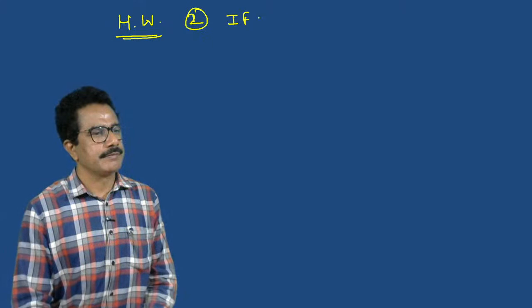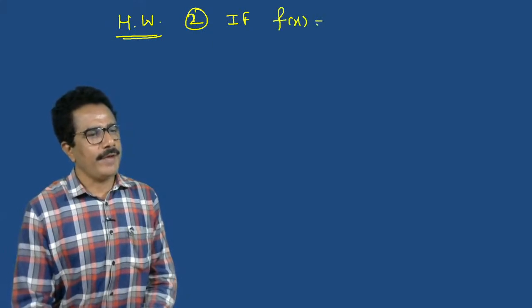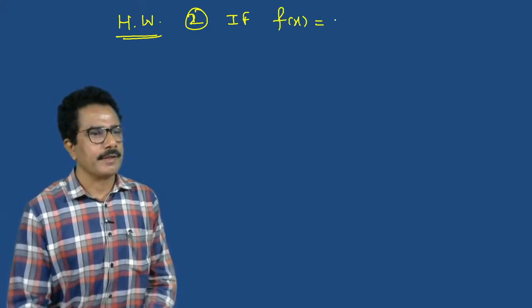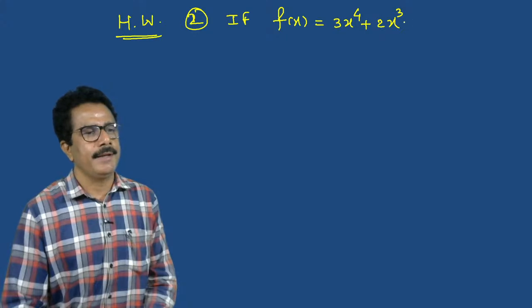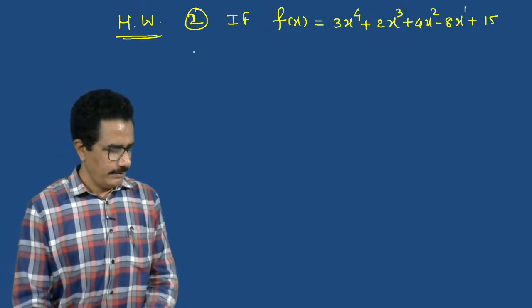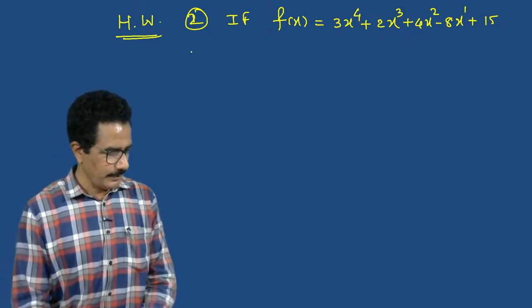If f of x is equals to 3x raised to 4 plus 2x raised to 3 plus 4x raised to 2 minus 8x raised to 1 plus 15. झालं का?